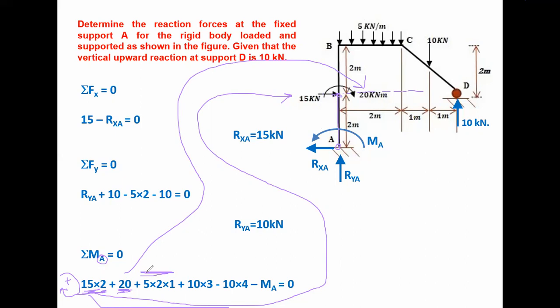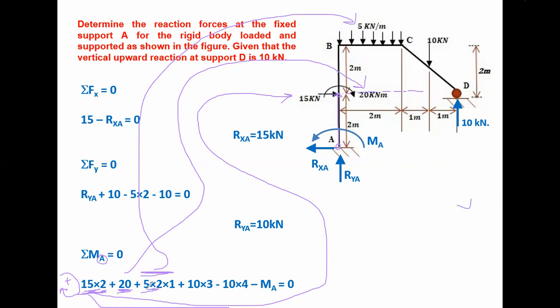Okay, now next let's come to this term, 5 into 2 into 1. This moment in the equation we are getting because of this force. Which force? This force, right? Yeah, this 5 into 2.